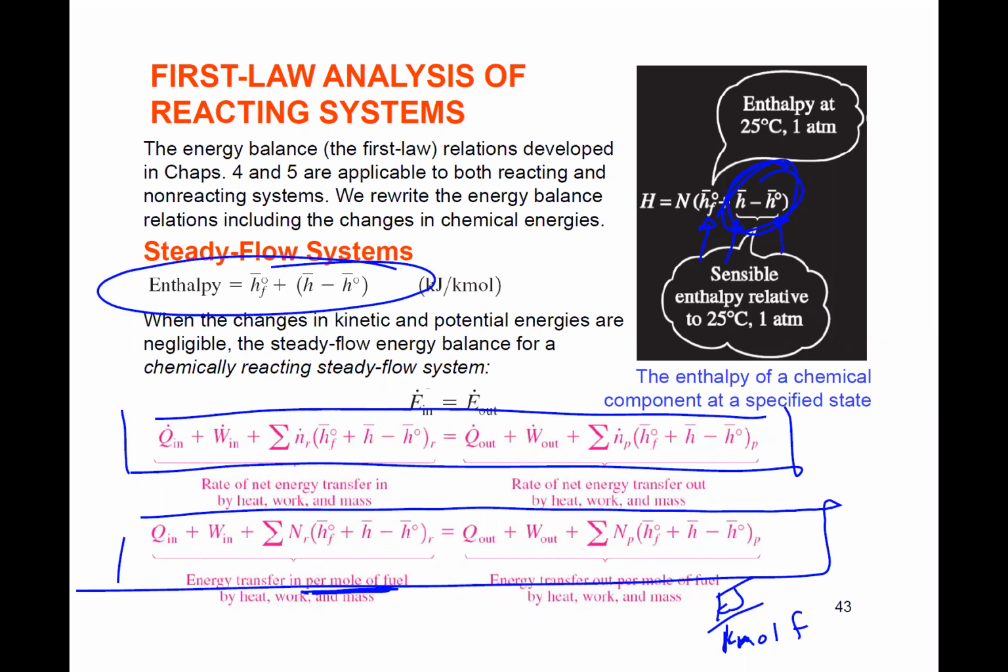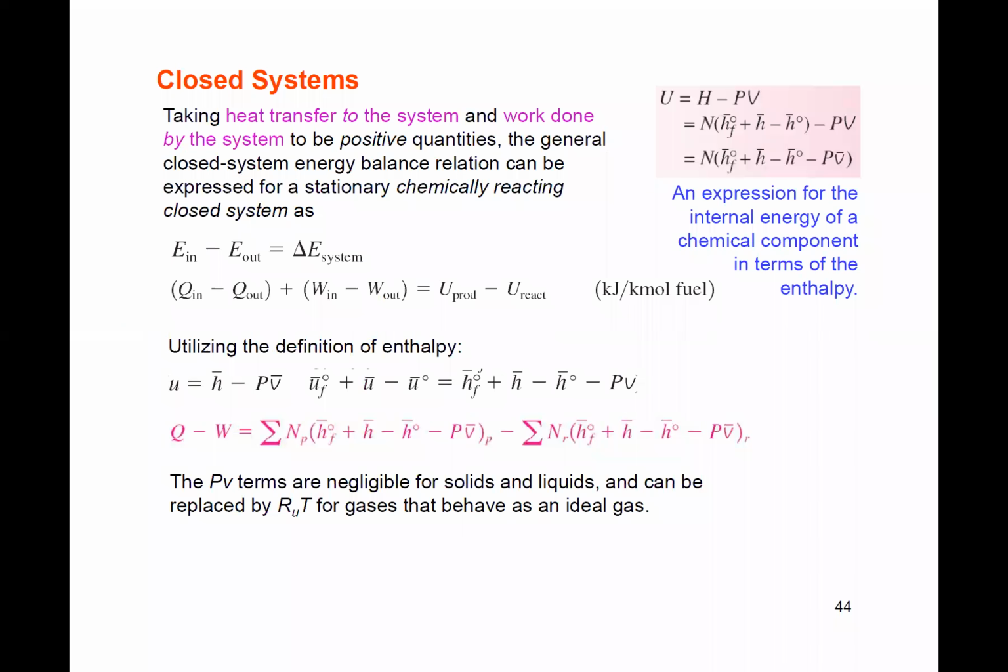So if we know how many kilomoles of fuel, so this would be our Q, let's say Q out, we can just scale it with the moles of fuel. Or if we know a molar flow rate of fuel, we can just make that into kilowatts with the flow rate. So we look at it just per kilomole of fuel because that's more like a standardized way, and the amount of moles or the molar flow rate just scales it big or small system. Closed system just adds this minus PV.